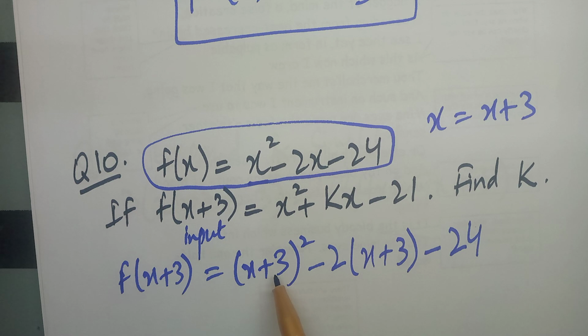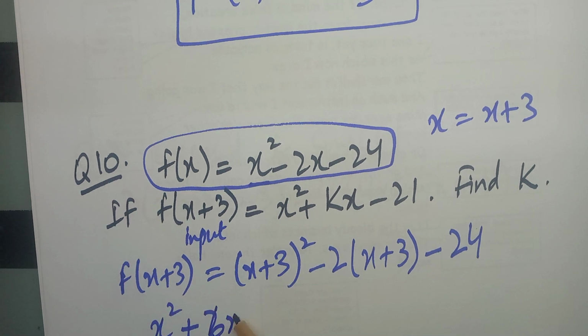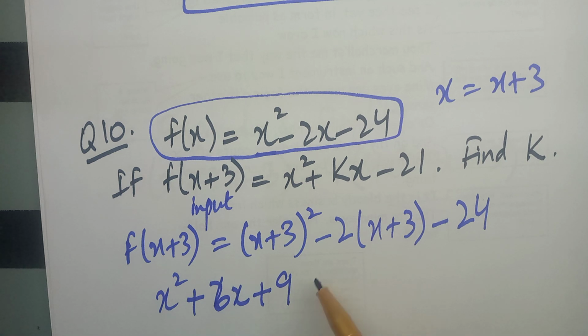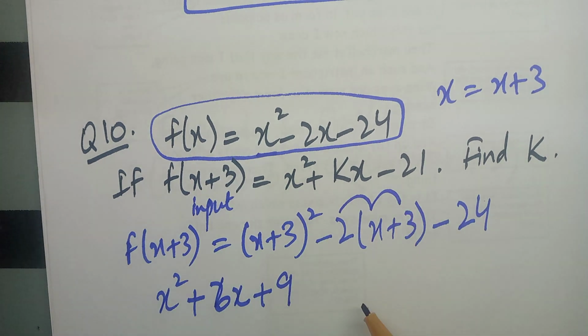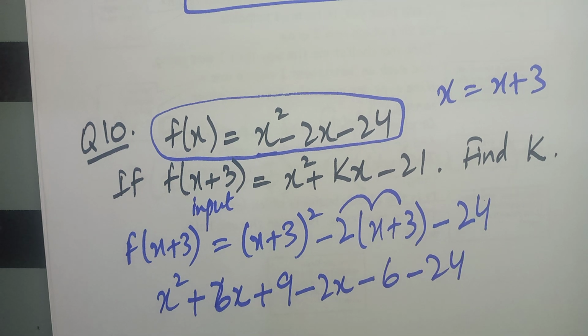To expand x plus 3 to the whole square, we have the first identity, a square plus 2ab, that is 6x, and plus b square, that is 3 square, which is 9. Then I will expand minus 2 with both of the terms inside the bracket. Minus 2x, minus times plus is minus, 2 times 3 is 6, and minus 24.